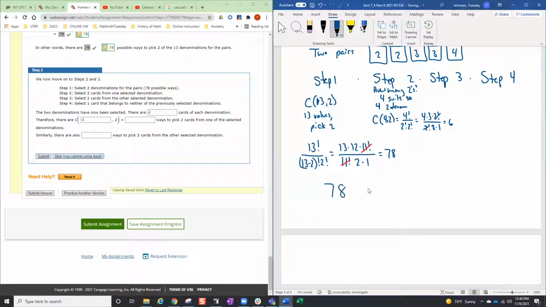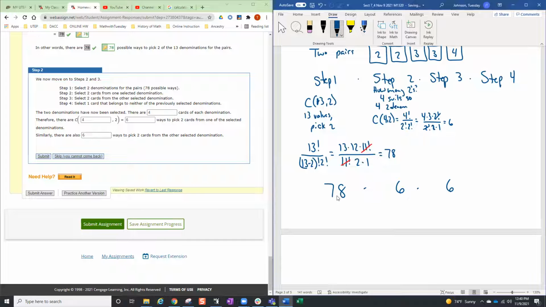So we have 78 times 6, right? There's 6 different ways to pick 2 cards from one of the selected denominations, but there's also 6 ways to pick the other denomination.